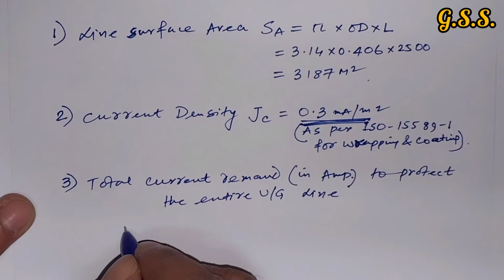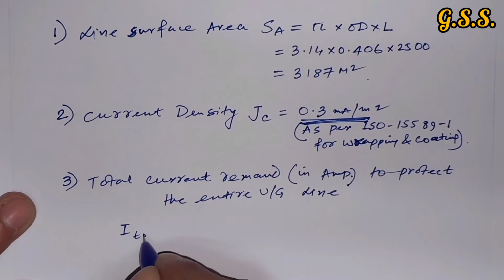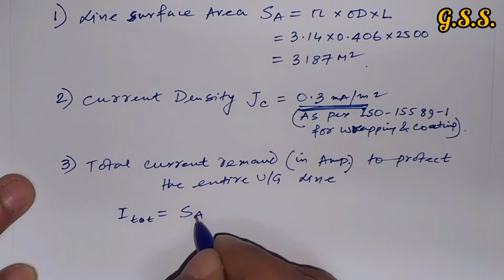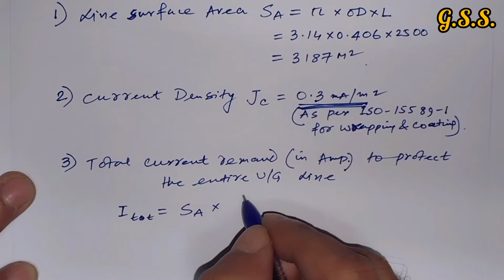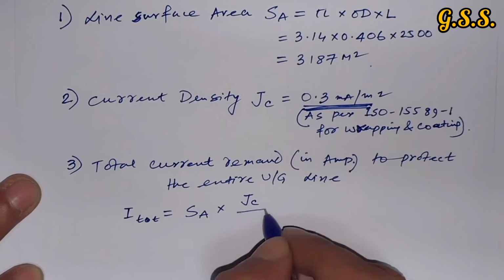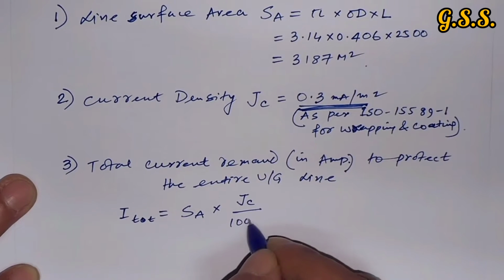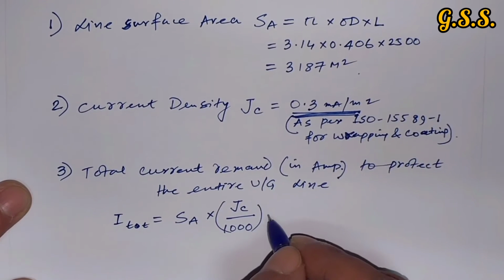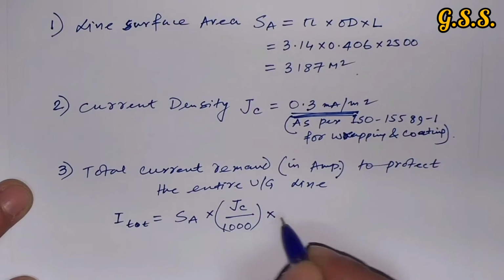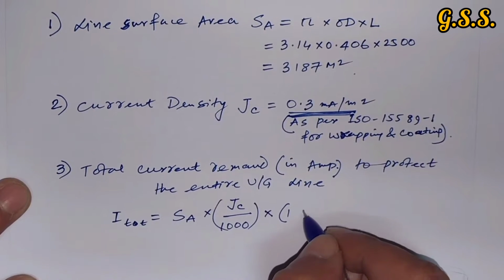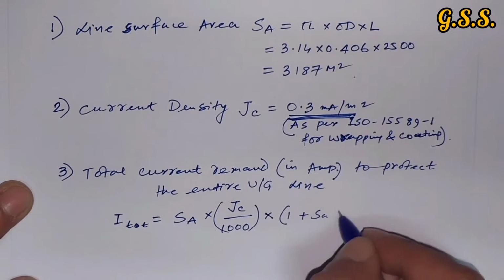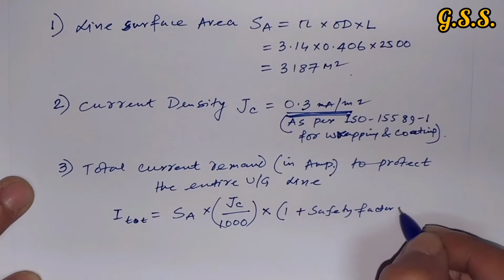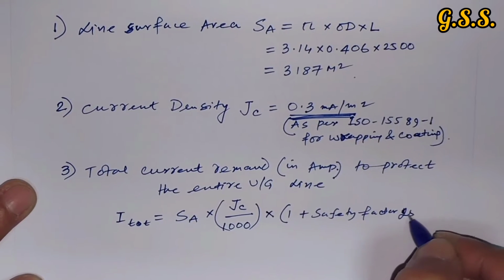This total current I total equals SA into JC by 1000 into 1 plus safety factor 25%.